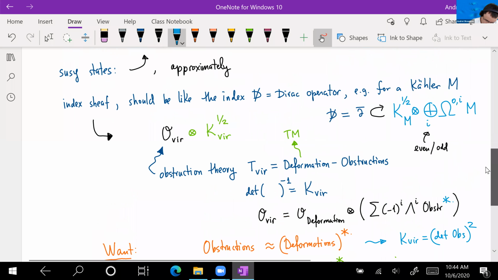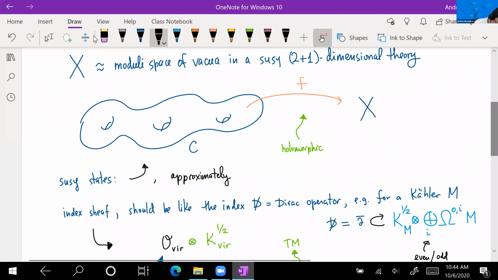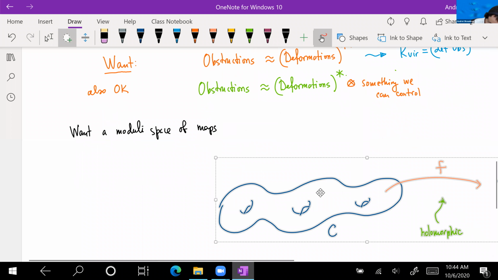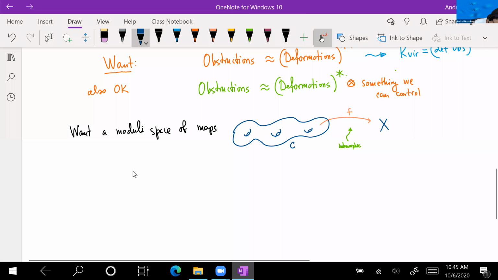So to summarize, what we want is a moduli space of maps with a perfect obstruction theory, that is almost self-dual.